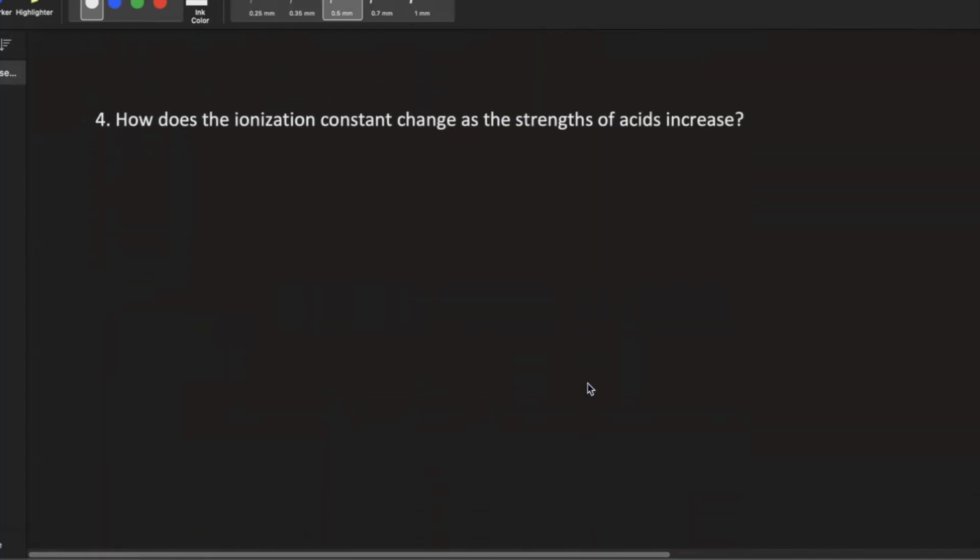So number 4, how does the ionization constant change as the strength of acids increase? So we know that the ionization constant is going to be either Ka or Kb. If we're talking about strength of acids, we're going to be talking about Ka.